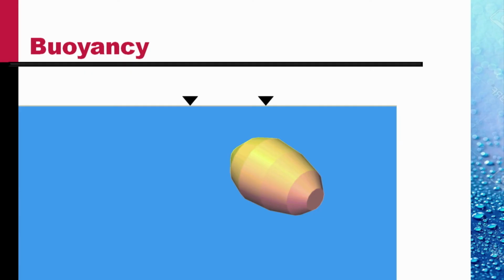Let us determine what is the force of buoyancy from whatever we have done so far. Let's consider a body immersed within a liquid. The free surface is marked. Let's split the body in two halves about its meridian.